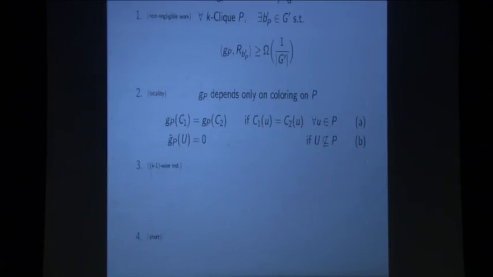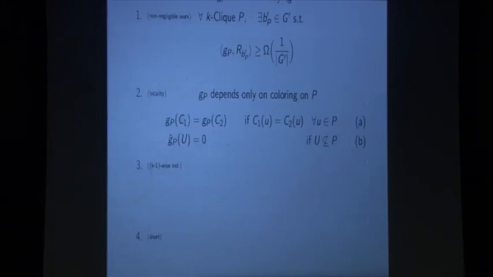So the Fourier coefficient at any frequency will be 0 if the support of U is not a subset of P. And in particular, they'll all be degree K polynomials. These two are equivalent.